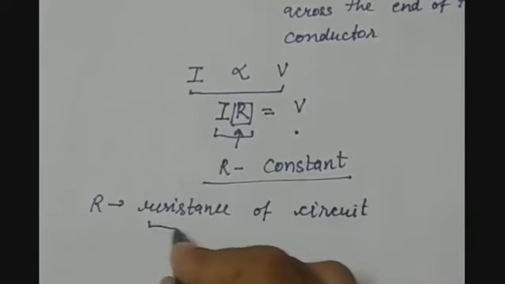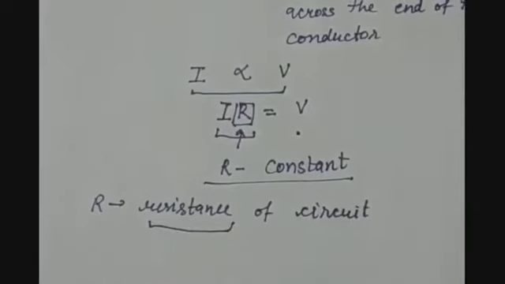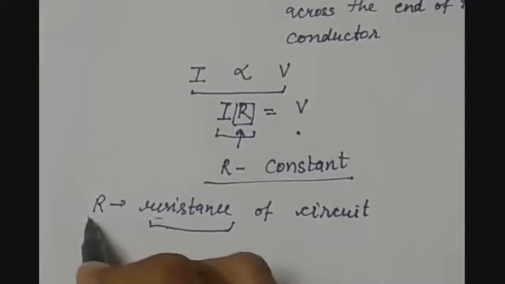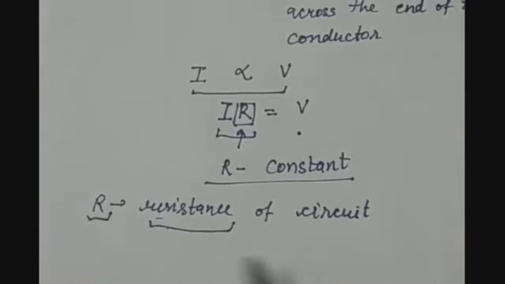Now what do you mean by the term resistance? As the name itself says, resist, that means resistance is a property of a conductor to oppose or to resist the flow of current or charge through it, and it is denoted by capital R. As it was given by Ohm, the unit of resistance is ohm.